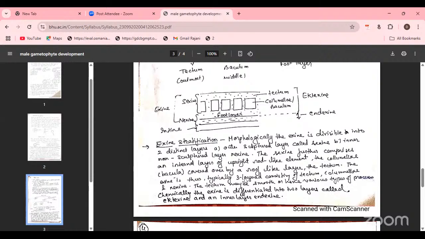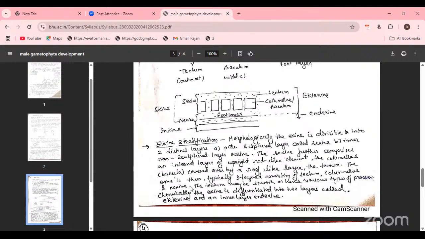The sexine further comprises upright rod-like elements, the columellae, also called bacula, covered over by a roof-like layer called the tectum.